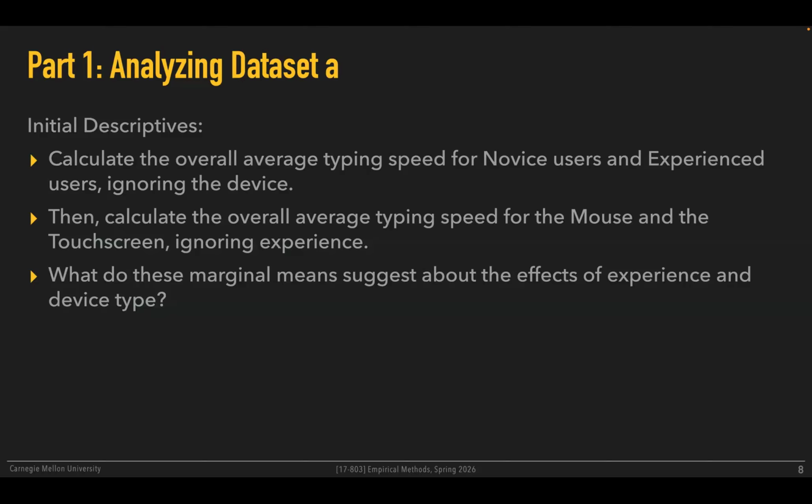Okay. You all were able to run a t-test on these and conclude that the differences are not statistically significant. So to my last prompt there, what does that tell you about the effects of experience and device type? Let's say you've run this experiment, that's the data you collected, you've now just analyzed it. What do you conclude for the paper?